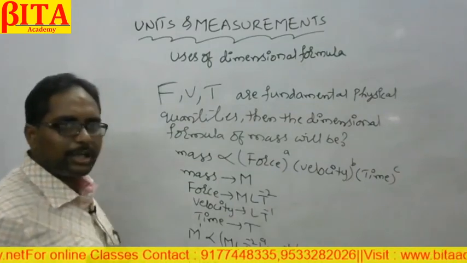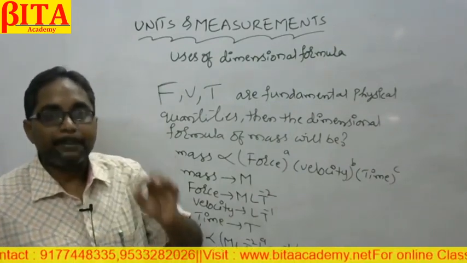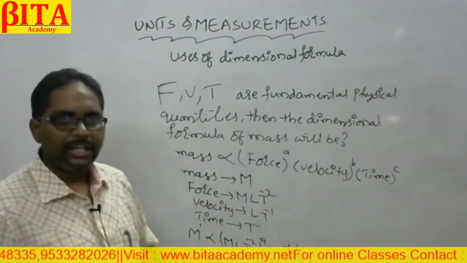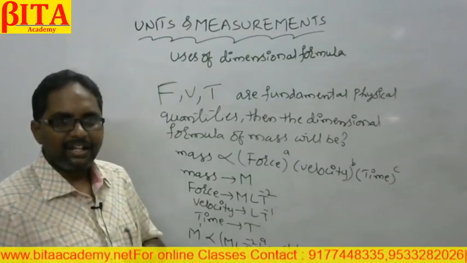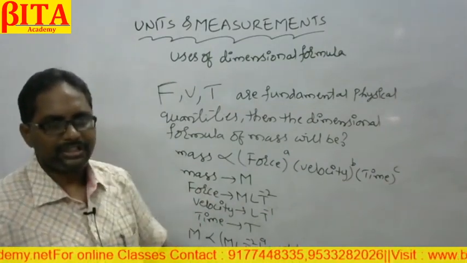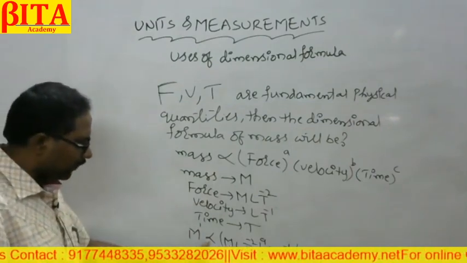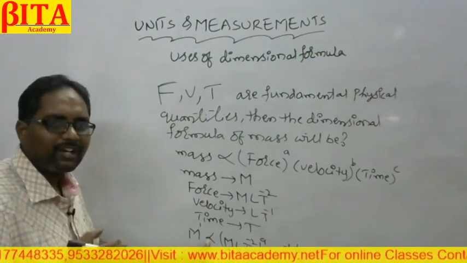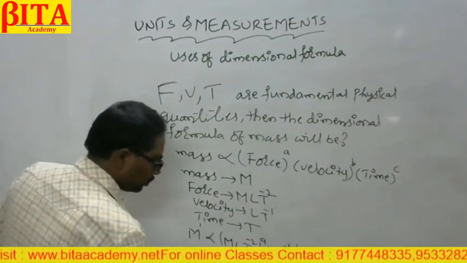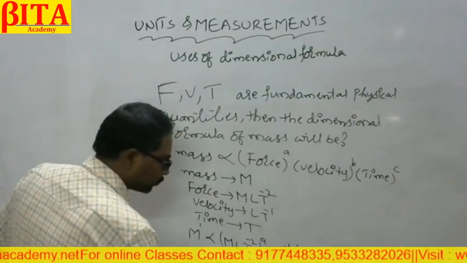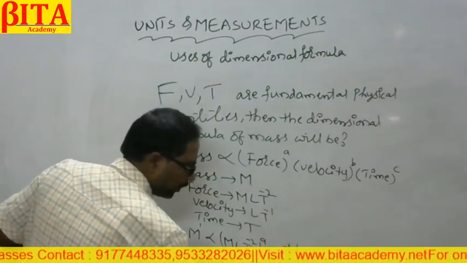Whenever you are removing the proportionality, generally we write a proportionality constant, which is dimensionless. So no dimensions can be written for it. To understand only, I am saying that if this proportionality is removed, you can write one constant which is dimensionless, which is k. Now, M L T power minus 2 to the power a, L T power minus 1 to the power of b, T power c.